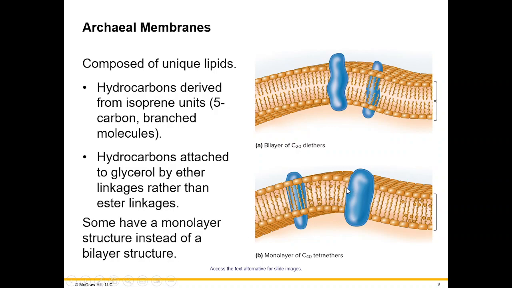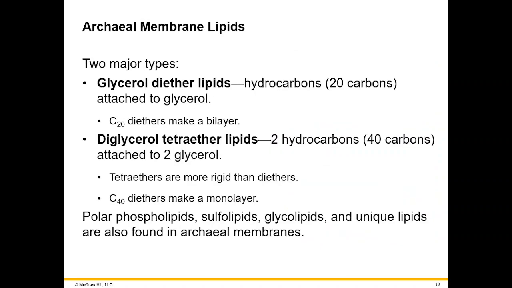I can say this is a bilipid, but it's a single layer structure. We have two polar heads. It acts in a similar way to the bilayer, but this one is stronger because of the covalent bonds. This is, again, one of the reasons why they can survive in very extreme environments.